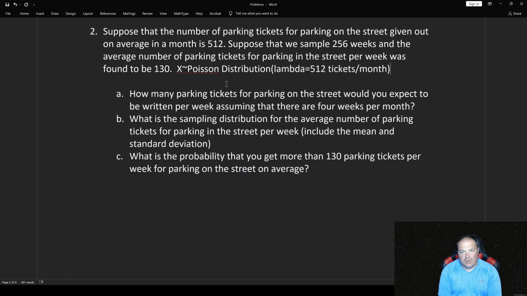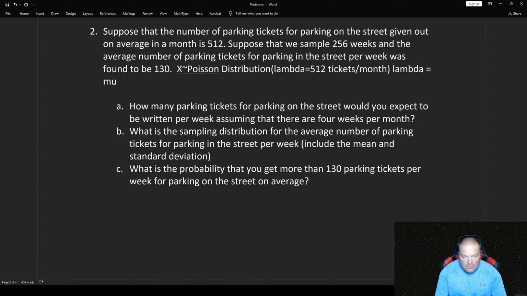Another thing that you should realize about the Poisson distribution is that the mean is equal to lambda, but the variance is also equal to lambda as well. So lambda equals mu, let's call it mean, which also equals variance. And that'll come in handy in a little while.